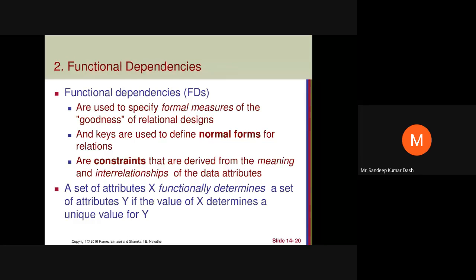That means you can insert the data, but the functional dependency will no longer hold. You can violate the constraint and insert the data. But in case of a constraint on the relational schema, you cannot insert data which is violating the constraint. So this is one basic difference between a constraint on the relation schema and a constraint on the relation state.